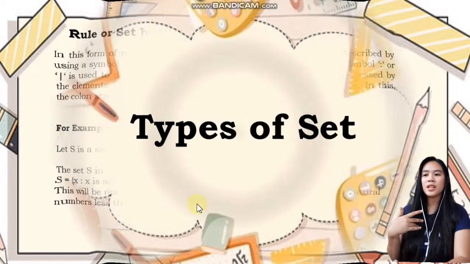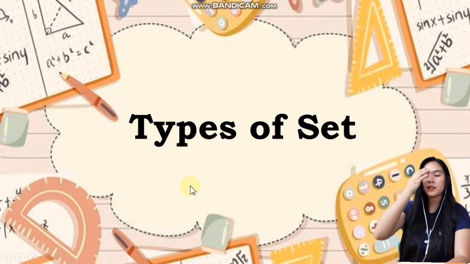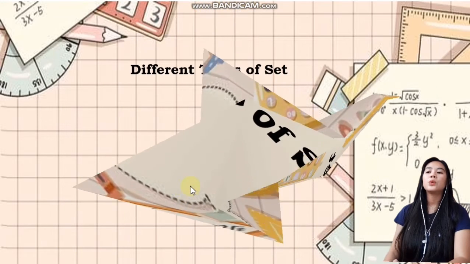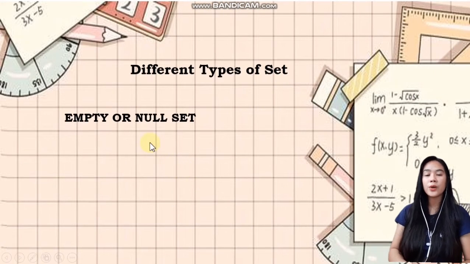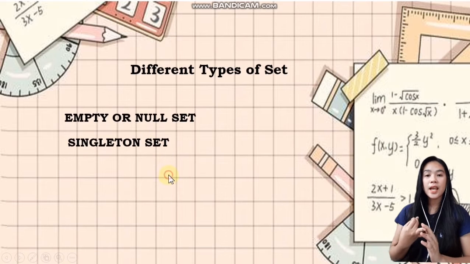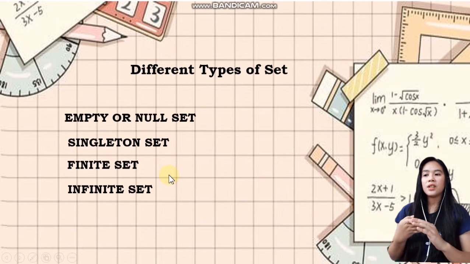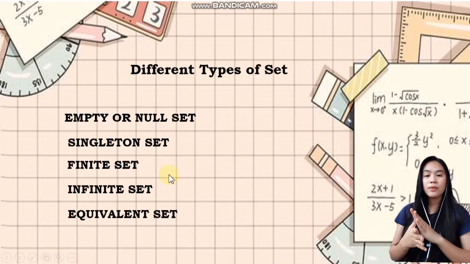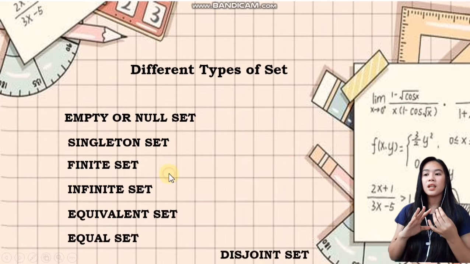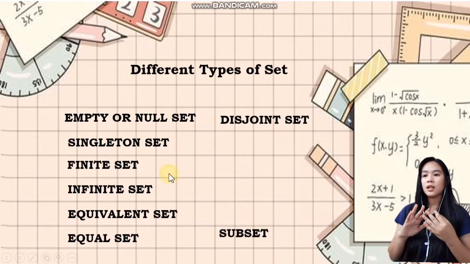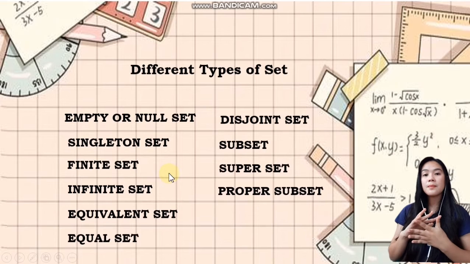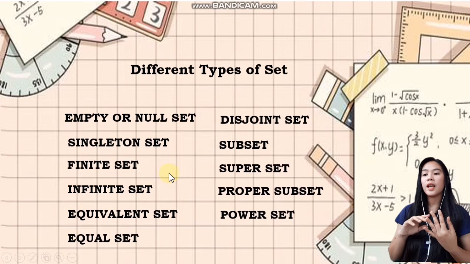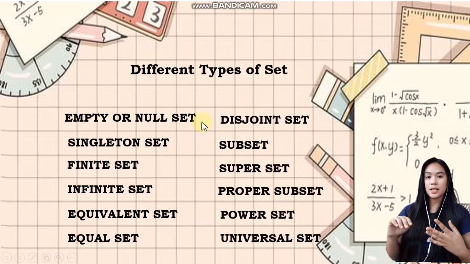So now let's proceed to the different types of set. So actually there are 12 different types of set, which are the empty or null set, singleton set, finite set, infinite set, equivalent set, equal set, disjoint set, subset, superset, proper subset, power set, and universal set.